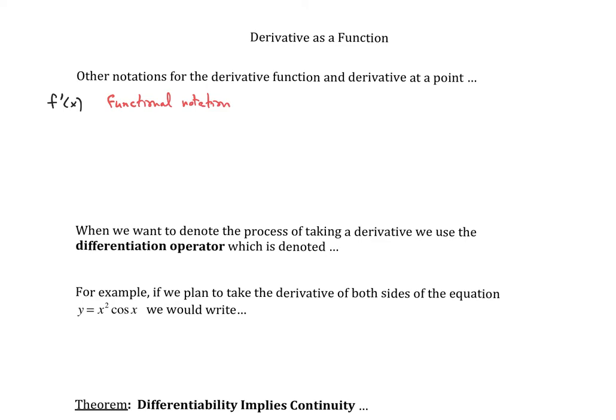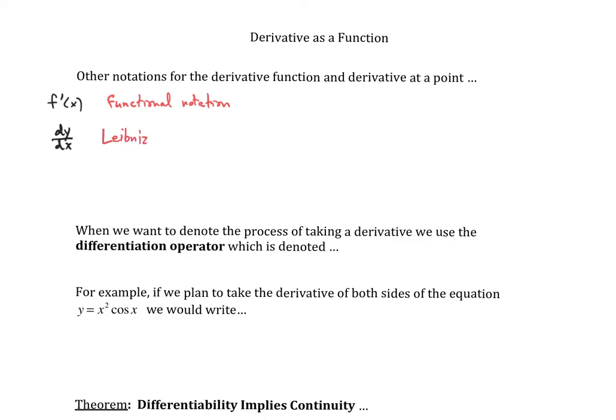Another way that we could write it is dy over dx. When we write it like this, it's almost like saying the change in y over the change in x. In fact, dy is really an infinitesimally small change in the y values. dx is really an infinitely small change in the x values. So this notation is a slope-like description. And this description is what we call Leibniz notation.